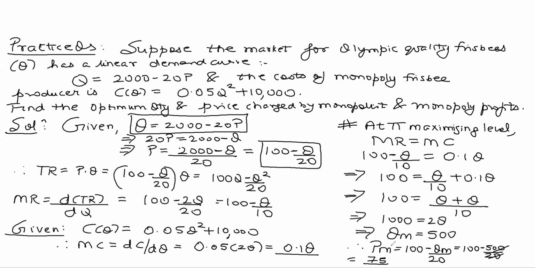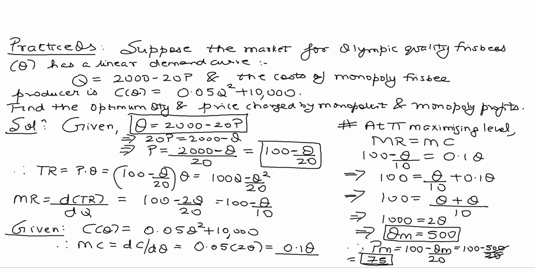This will be the price charged by the monopolist. So the quantity produced by the monopolist is 500 units, and the price charged is 75, whatever units are given to you, be it dollars or rupees or any other units.